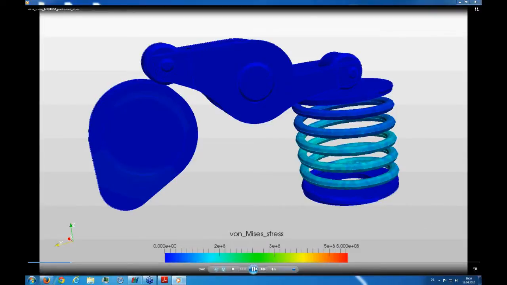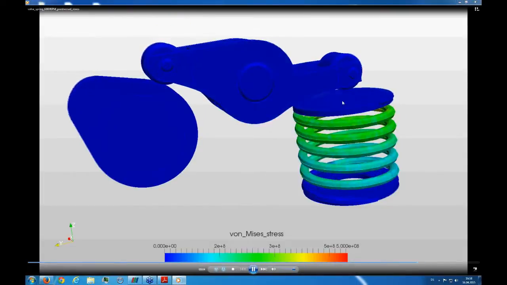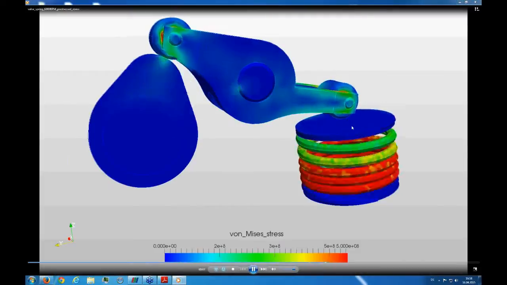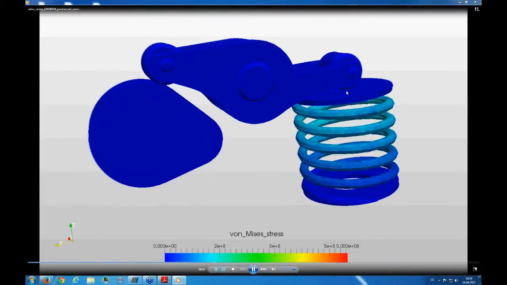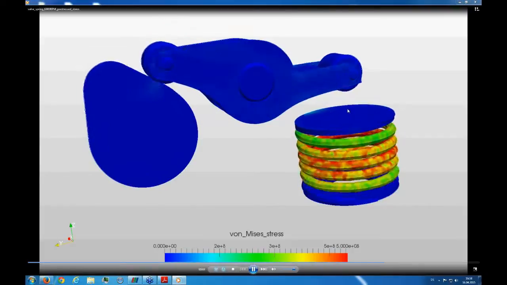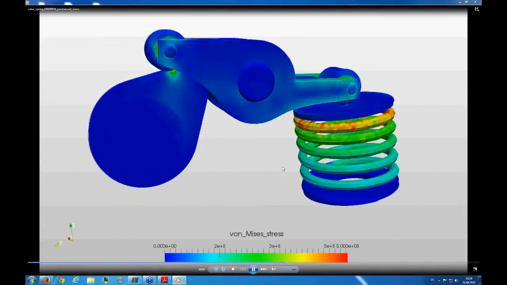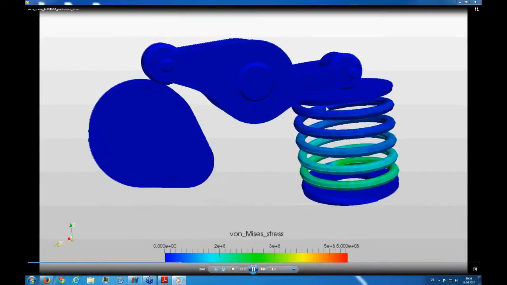And what happens is, if we move along here, we see, bam, there we have the detachment between the roller and the spring top, and again the bouncing back now here where the valve opens again. So what we see here is really a design that is not fit for these high rotational velocities.